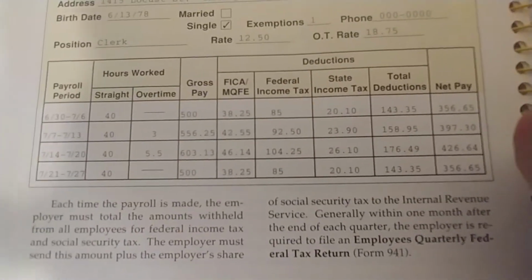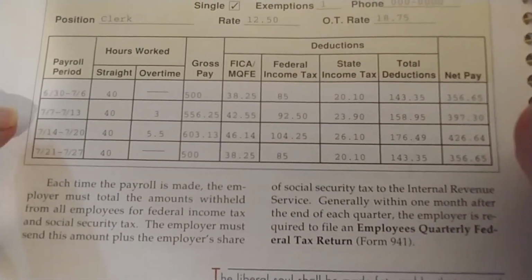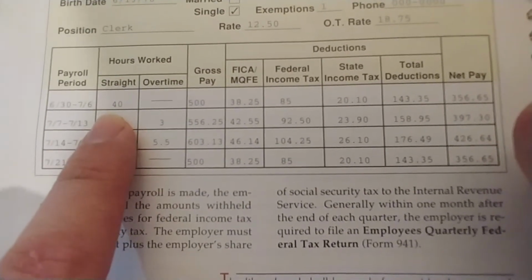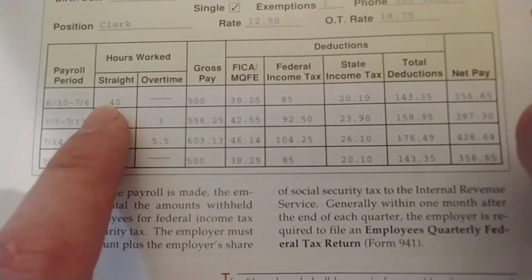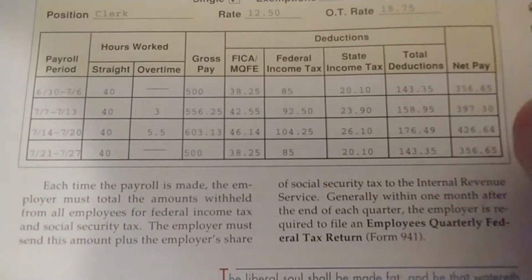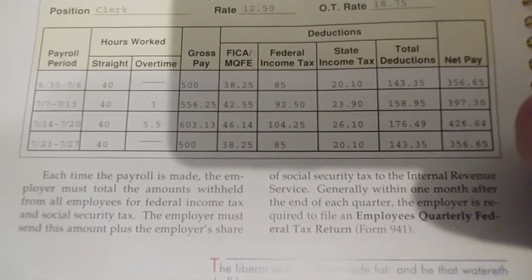So we have a pay period from 6/30 to 7/06, 40 hours straight and overtime. Straight just means, let's say you get paid $10 an hour.